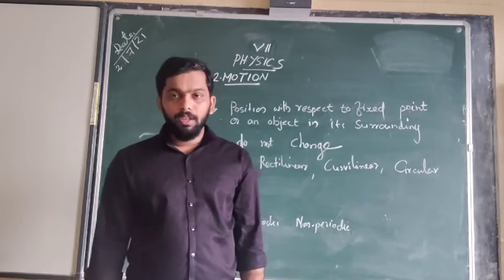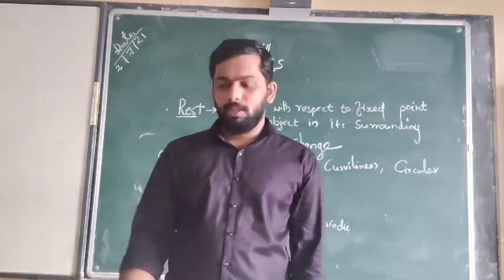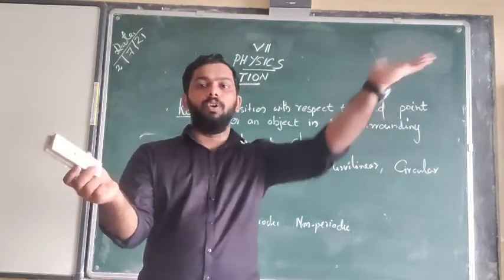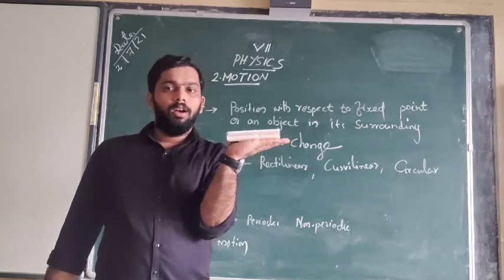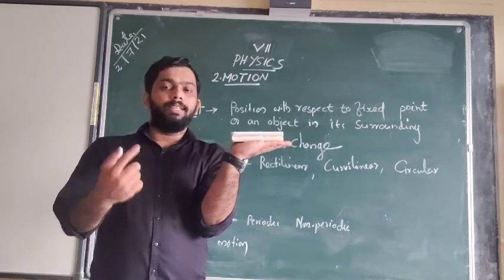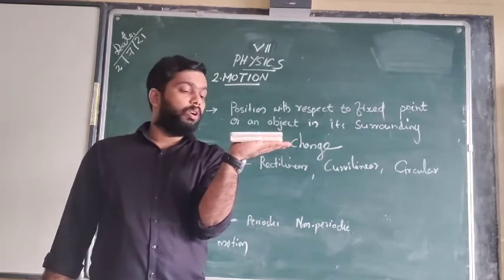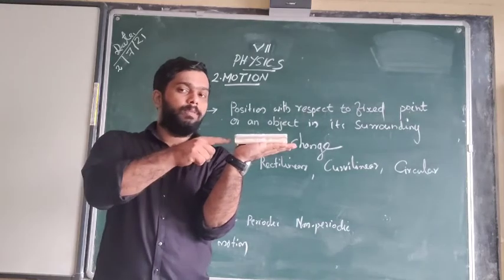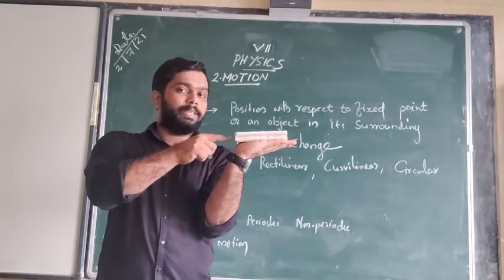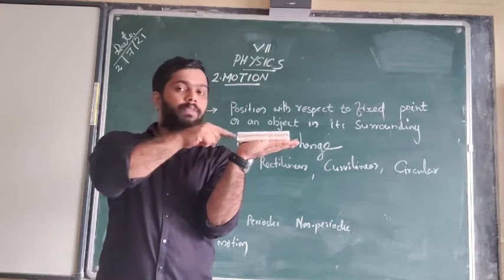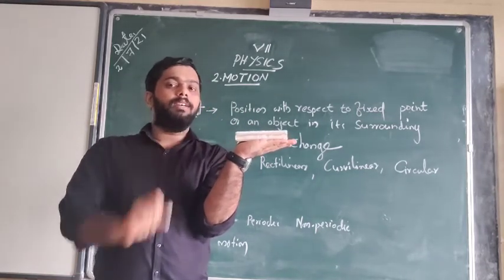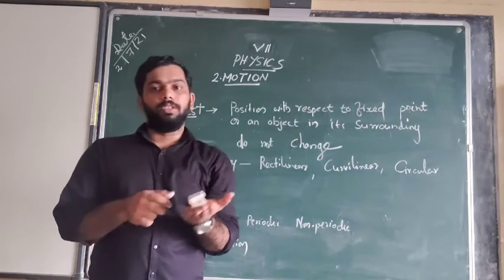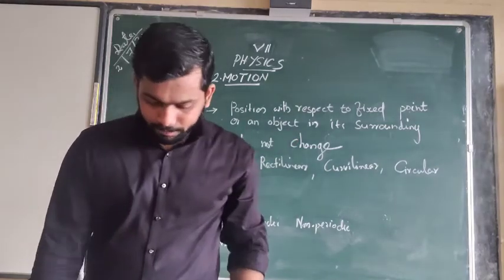For example, suppose I keep this duster on my palm and count the time for 1 minute. If I am not changing the position of this duster with respect to the surrounding, I can say that this duster is at rest.